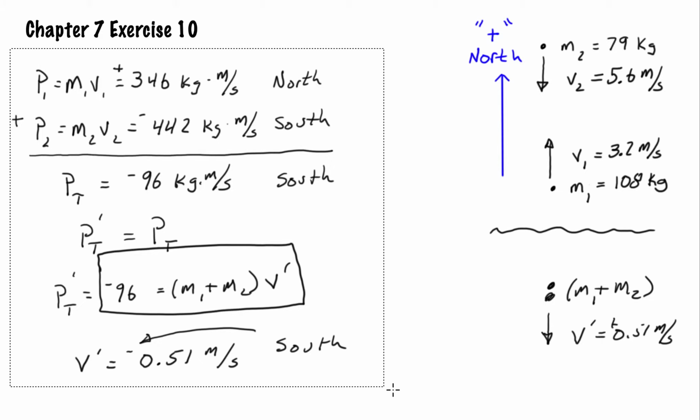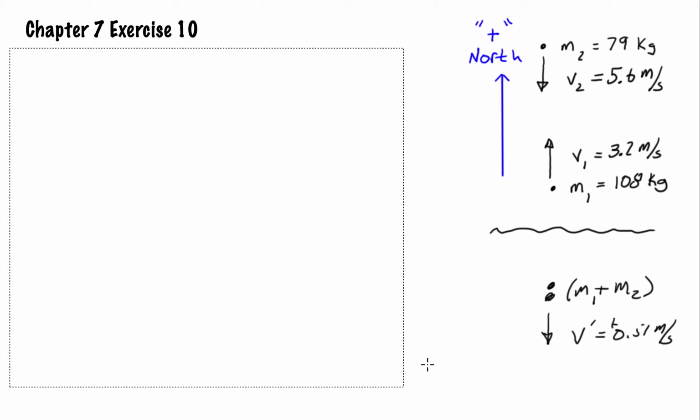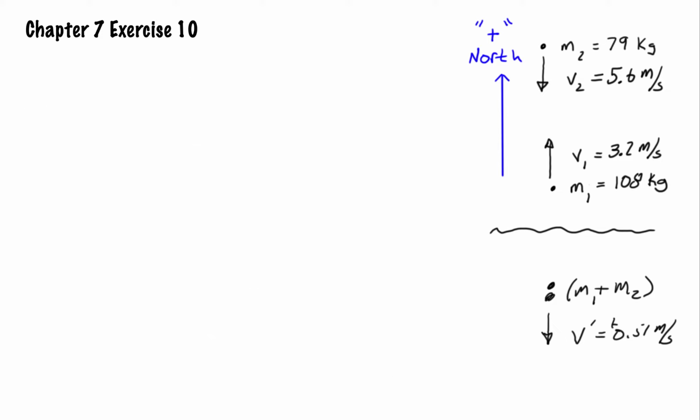Specifically, what I would like to try to calculate here is how much the momentum of each player changed. So I'd like to calculate the change in momentum for player 1.